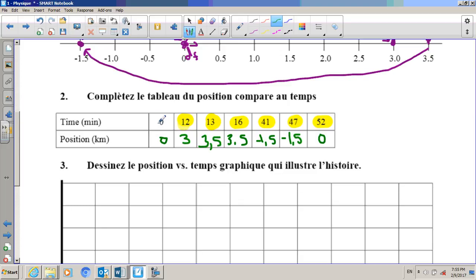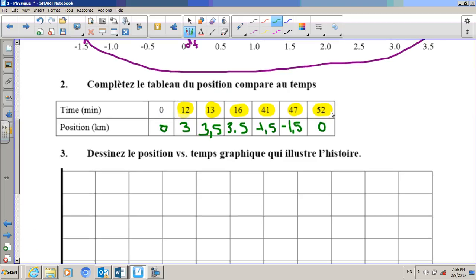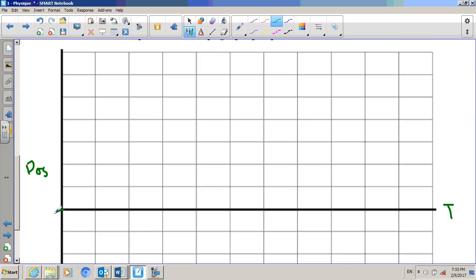Le temps va de 0 à 52. So, 0 serait ici. J'ai 1, 2, 3, 4, 5, 6, 7, 8, 9, 10, 11 ticks. Alors, si je monte par 5 chaque fois, ça va fonctionner. So, 5, 10, 20, 30, 40, 50 et 55 serait la dernière.